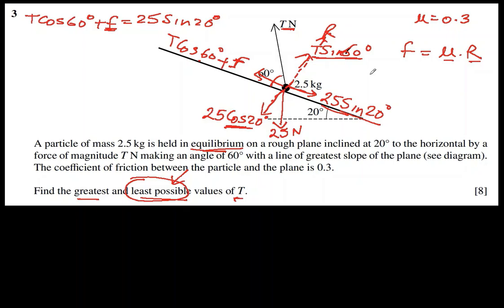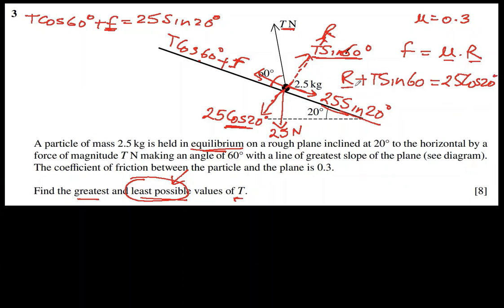Okay. So now to find R, I have to say that R plus T sin 60 is equal to 25 cos 20, because in this direction also it is in equilibrium, right?